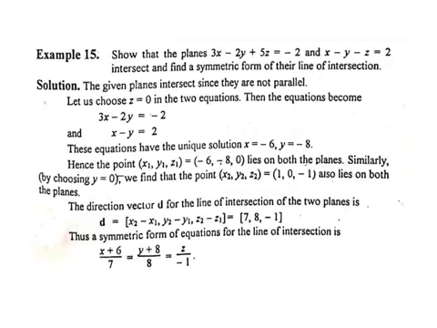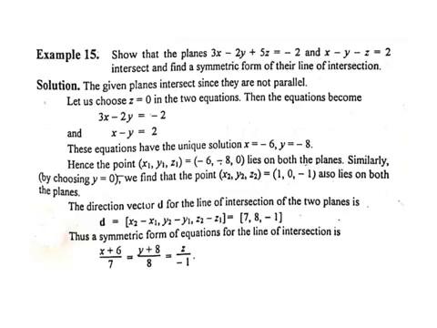This point is given by substituting y equals 0, so the equations become 3x plus 5z equals minus 2 and x minus z equals 2. Solving these two equations, we are left with the point x2, y2, z2 equal to 1, 0, minus 1, and it also lies on both planes.